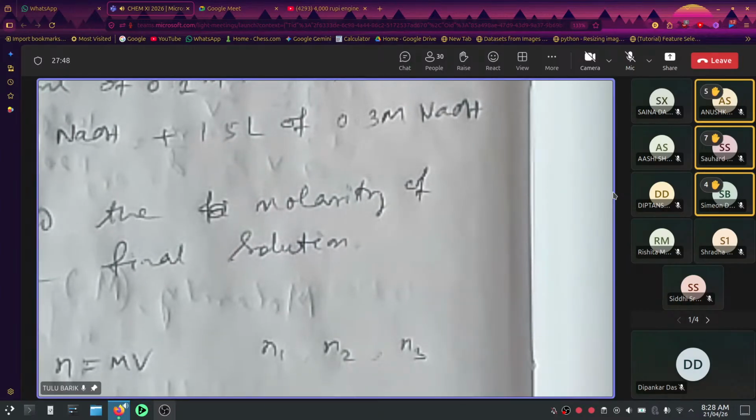Could you compare this with the answer? What is the final molarity? n1 plus n2 plus n3 by volume, by 2 liter. Yes, sir. So what is the sum of n1, n2, n3?